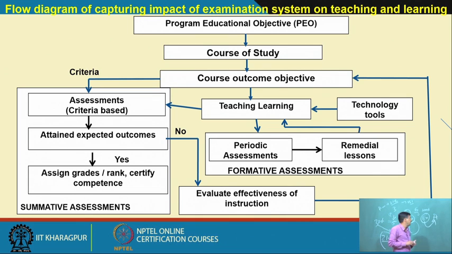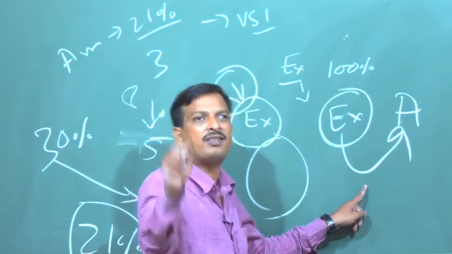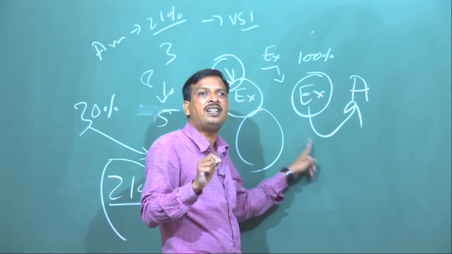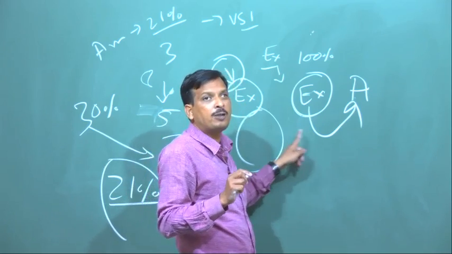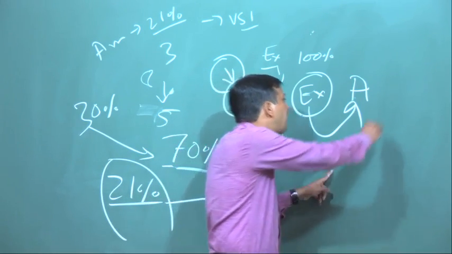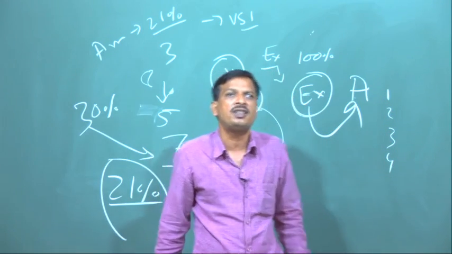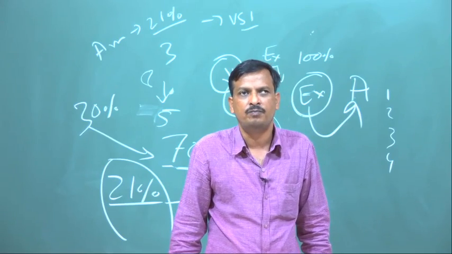Criteria based means the purpose of the assessment and evaluation is already mentioned; the criteria are fixed. Norm reference means the purpose of the assessment is to evaluate the students or rank them 1, 2, 3, 4. Then the process is called a norm reference based assessment system.